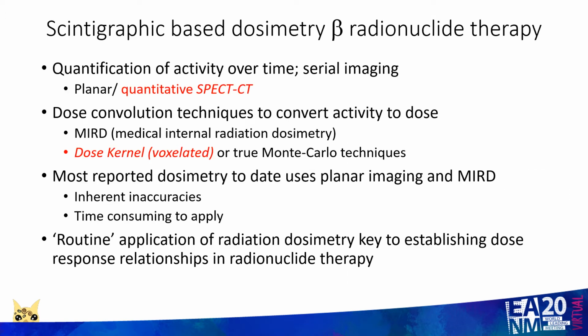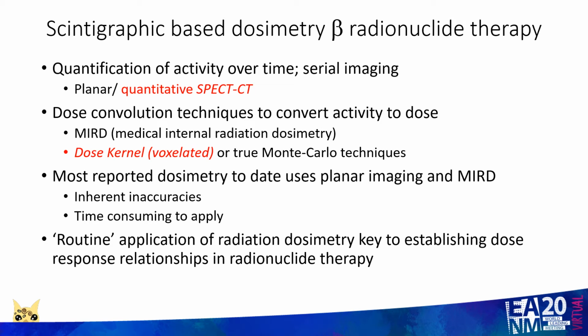So, unsealed source radiation dosimetry basically includes two components. First of all, the quantification of activity in tissues over time using serial imaging, either as planar imaging or quantitative SPECT CT, and then dose convolution techniques to convert this activity into dose. And MIRD or voxelated Monte Carlo techniques are available to do this. To date, most radiation dosimetry in the field has used planar imaging because of its widespread availability, I'm sure, and MIRD.